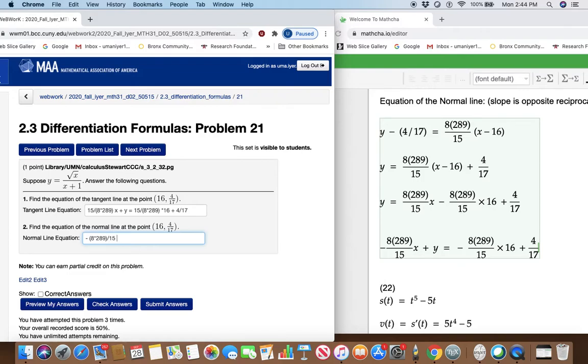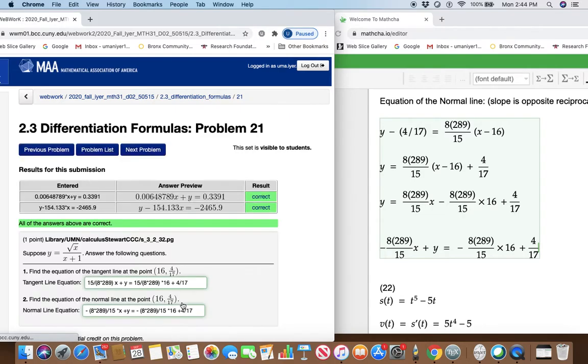That's the coefficient being multiplied to x, plus y equals negative 8 times 289 over 15 times 16 plus 4 over 17. Let's hope everything works.